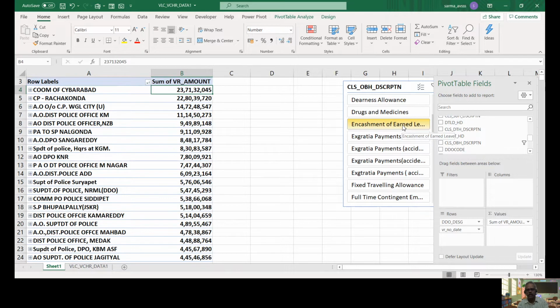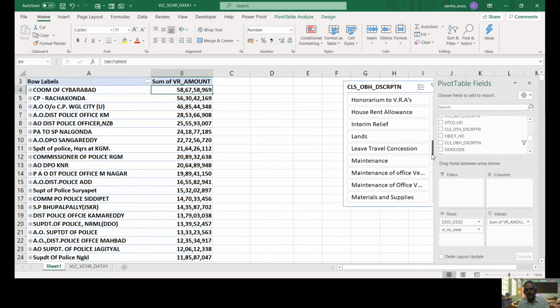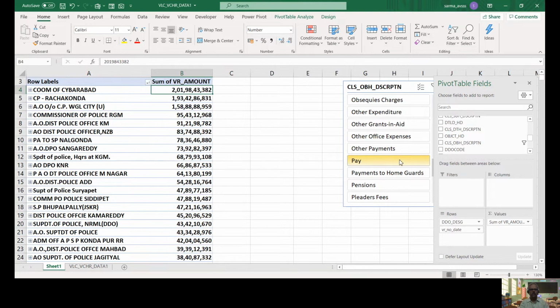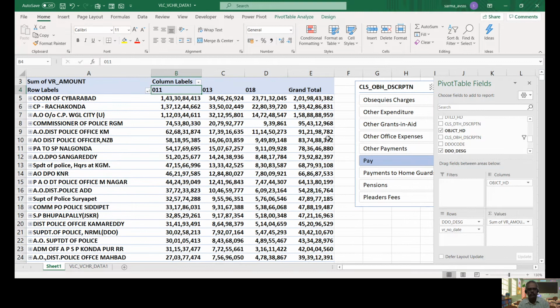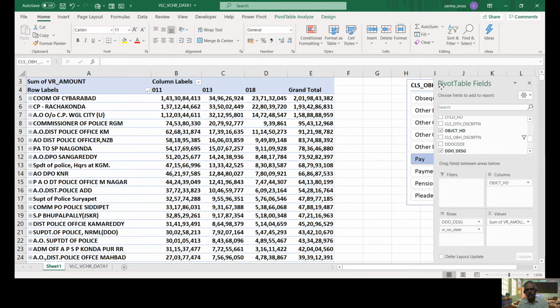I'm taking DA, and pay also I will take. So this is the total for pay plus DA plus HRA. If you want to split this for each object head, you draw the object head into columns. So 011 is pay, 013 is DA, and 018 is encashment of earned leave.